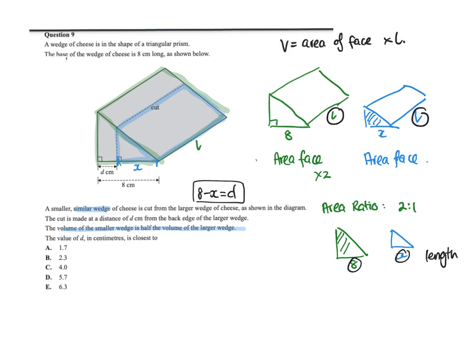So I need to go back to the length ratio. The length ratio is when you square root the area. So if I square root, it's square root 2 over square root 1.